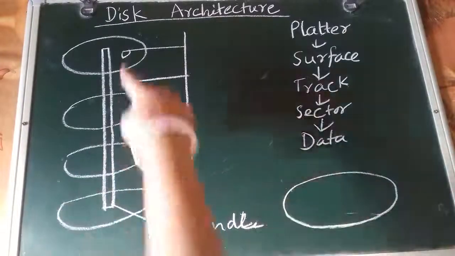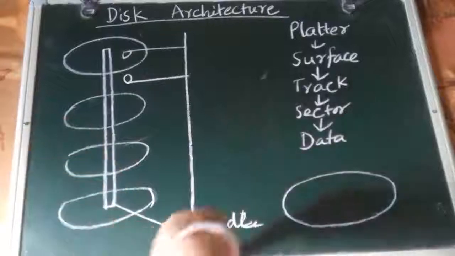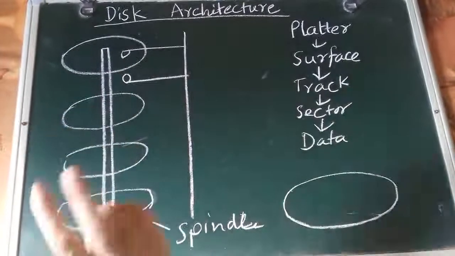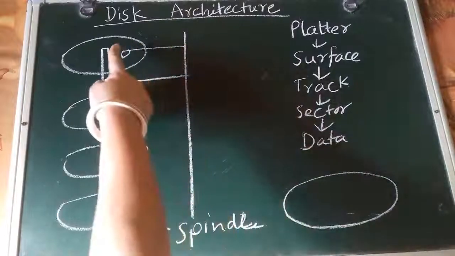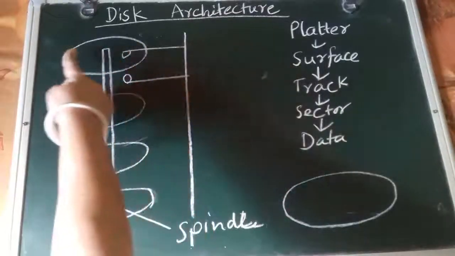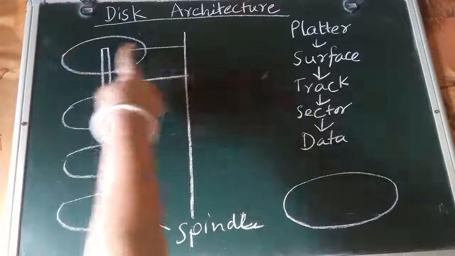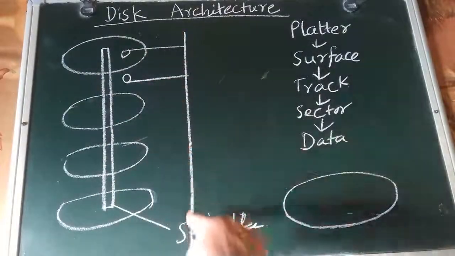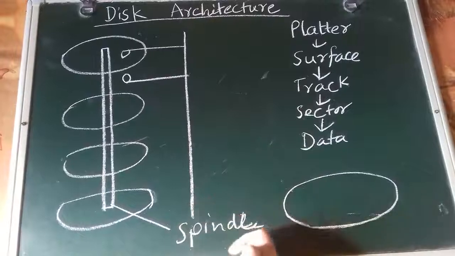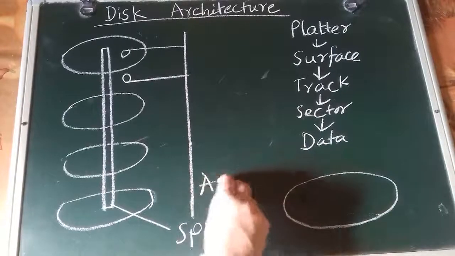As of now, we are assuming all 4 platters together form a complete disk. We have read write heads which move only left and right, and all the read write heads are joined to a stick-like structure which is called the actuator arm.